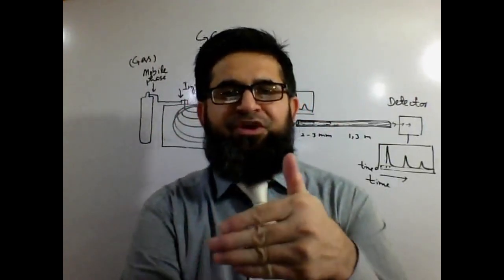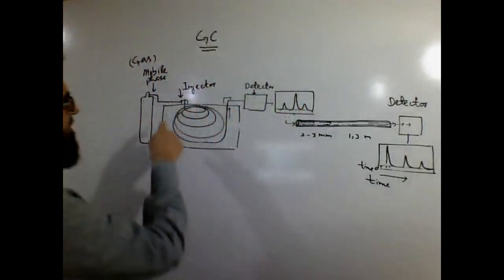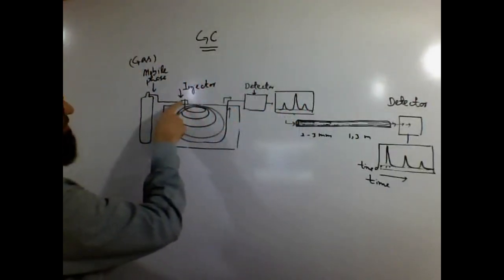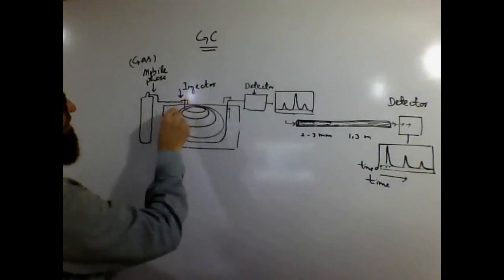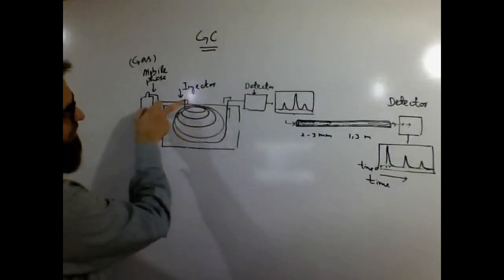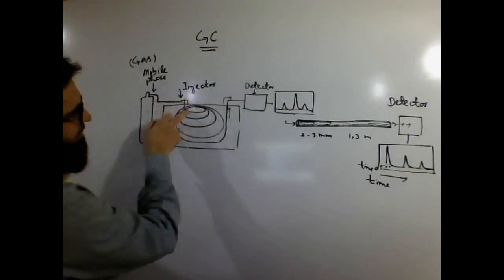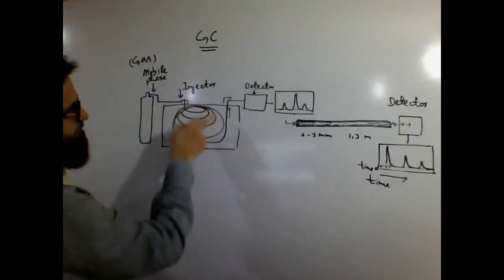converted into vapors as soon as they are injected into the injector. As they will be converted into the vapors, they will be pushed by the gas to move through the column.